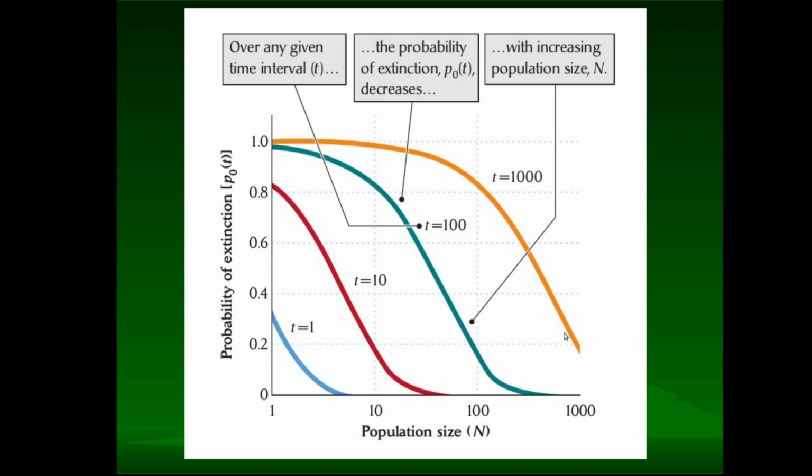For a time of 1,000, it's even higher yet, because the more time goes by, the greater the chance is that just by pure random events, the population can go extinct. So demographic stochasticity is a major worry for small populations of endangered species. They can go extinct easily just due to chance, and it is completely unpreventable unless you increase the population size.